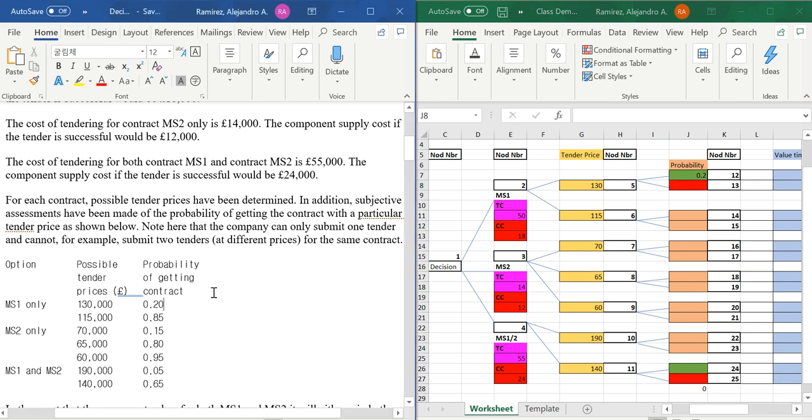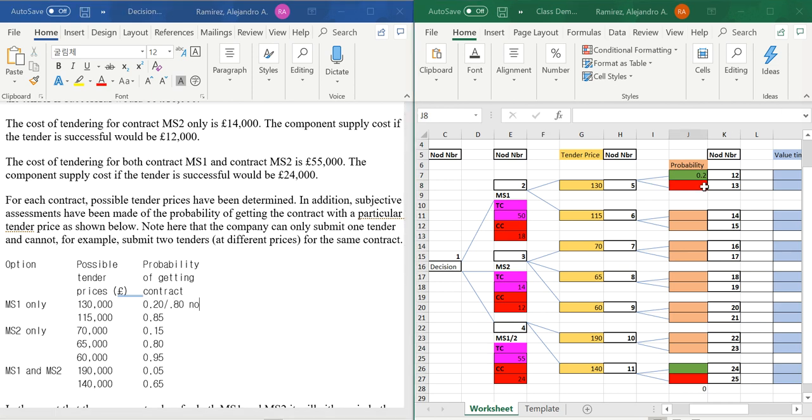If 20 is yes, that means 80 is no, right? So we have to put 0.8 here. We have to fill it in so that this one plus this one will always make 1. It cannot make 2, it cannot make 3, it cannot make 0.5. It's always 1, because probability is 100%.